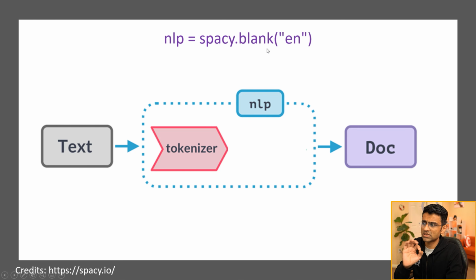So when I say spacy.blank, I created an NLP component around the text that I had. By default, it gives you a tokenizer, a word tokenizer. So when you feed text into it, you get a doc, a document. The doc already knows about tokens. So it has token 1, token 2, token 3, and so on.